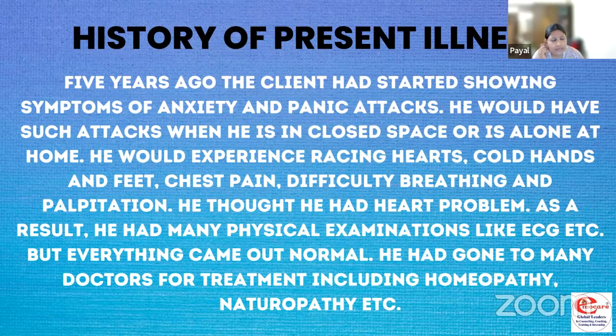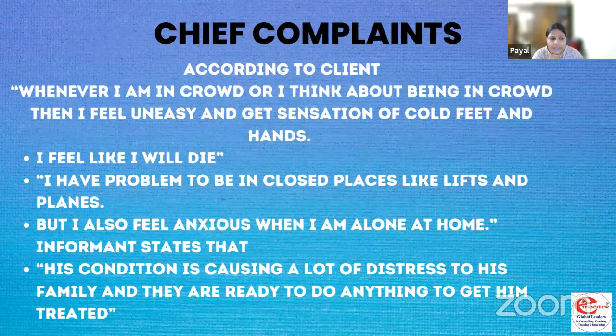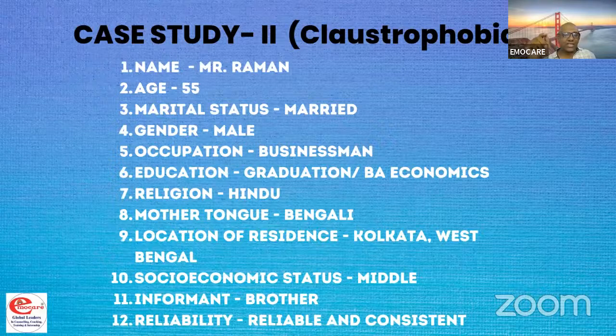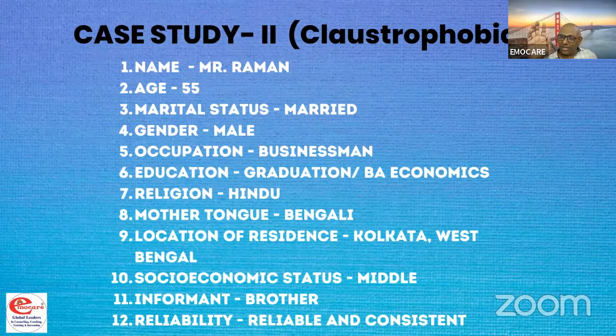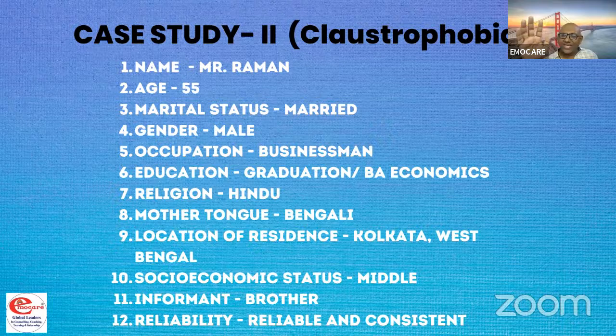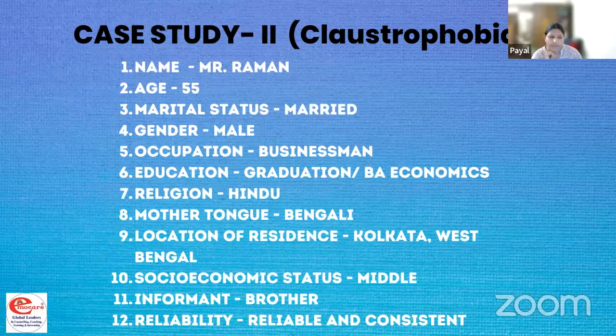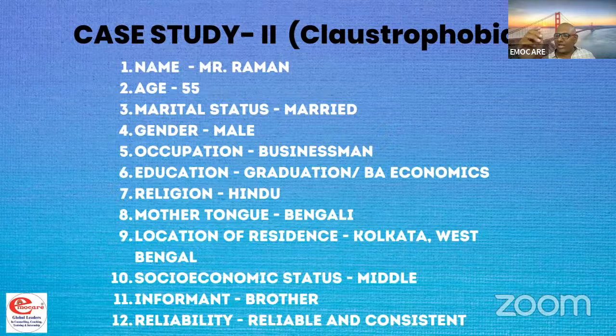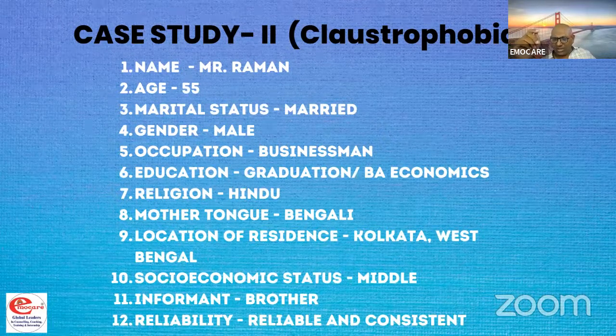Excuse me, sir, how would you know about the reliability, sir? In the first slide, it was the demographic details. Reliability: when the informant is stating something, what the client says, what the informant says, is there a correlation? For example, a father brought his own son for counseling.